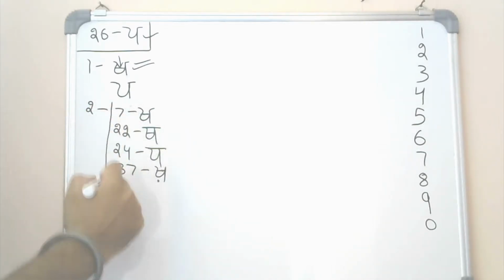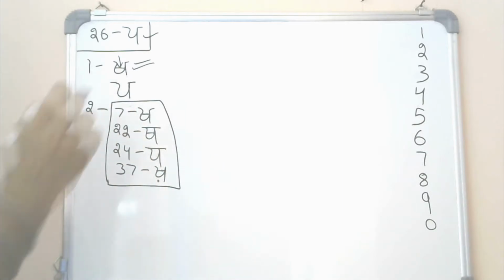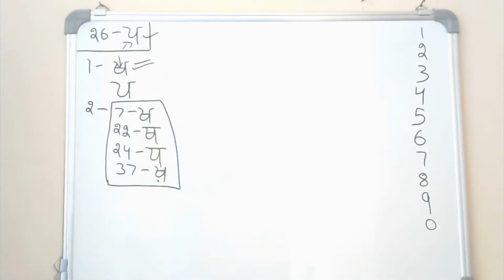These are all similar letters that we have with this letter. If we remember one of the letters, we can remember all the letters, but we have to remember the pronunciations also. We will make a different video as we go on learning this language, where the similar letters, or you can say the confusing letters, will be discussed.